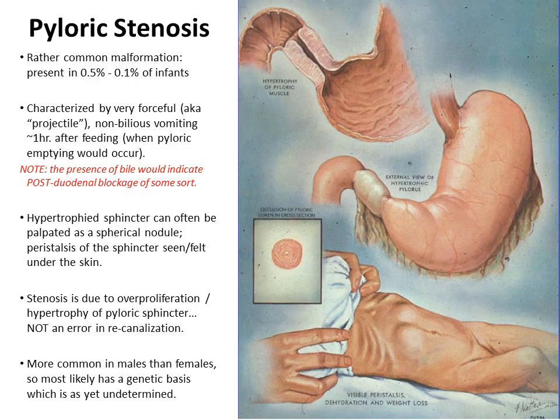Note that the presence of bile would indicate a post-duodenal blockage of some sort. The hypertrophied sphincter can often be palpated as a spherical nodule, and peristalsis of the sphincter can be seen and felt under the skin. Stenosis is due to overproliferation and hypertrophy of the pyloric sphincter and an error of recanalization. It is more common in males than in females, so it likely has a genetic basis, which is undetermined.